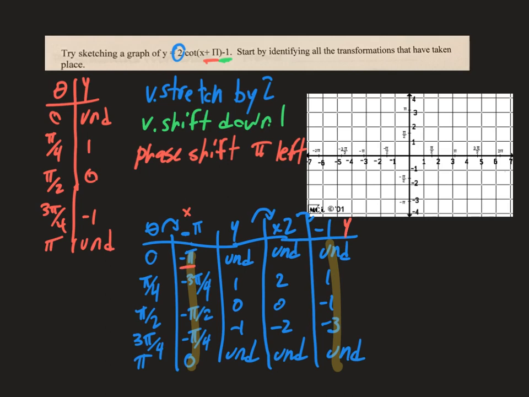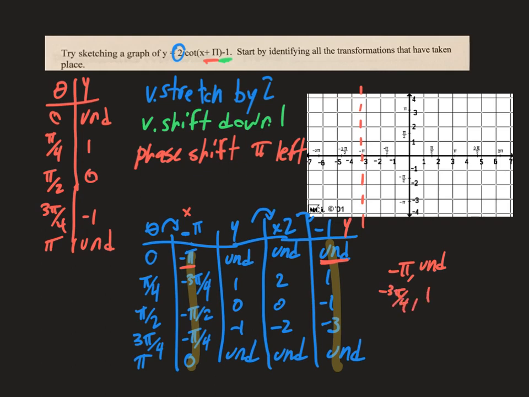So for example, this one right here, negative pi, undefined. And that first point is actually an asymptote. Let's go ahead and graph that. All right, how about my next point, negative 3 pi over 4. And that's going to be with 1.